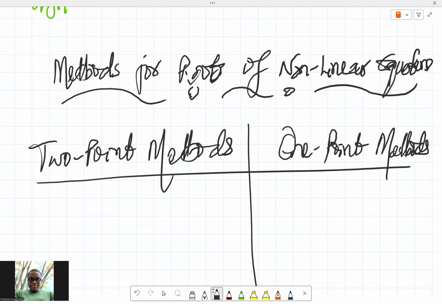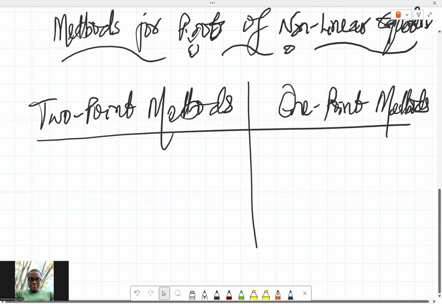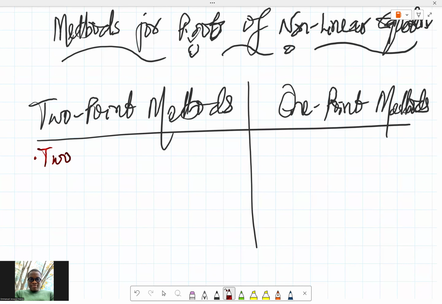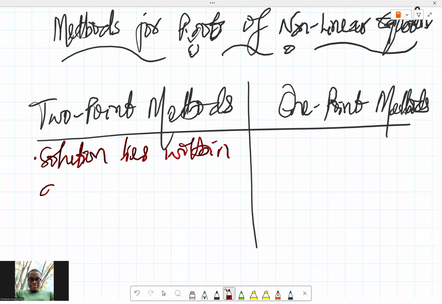For the 2 point methods, you need two values. The solution lies within an interval, say A comma B, like this.